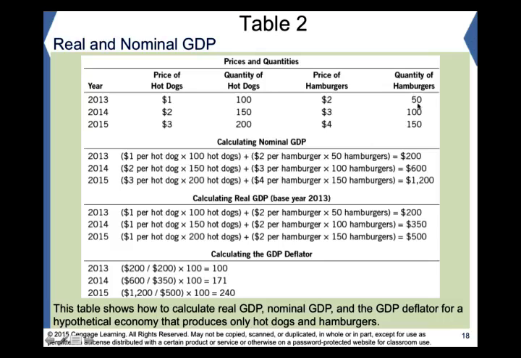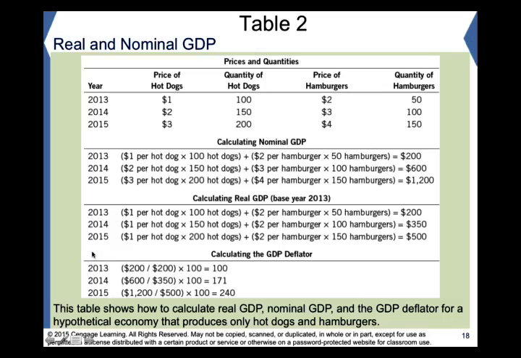That's what you wrote here. And the quantity for hamburgers is 100. That's what we wrote here. So if you do the math, 1 times 150 is 150 and 2 times 100 is 200, and adding up together you get 350. So 350 is the real GDP for 2014, considering base year as 2013.